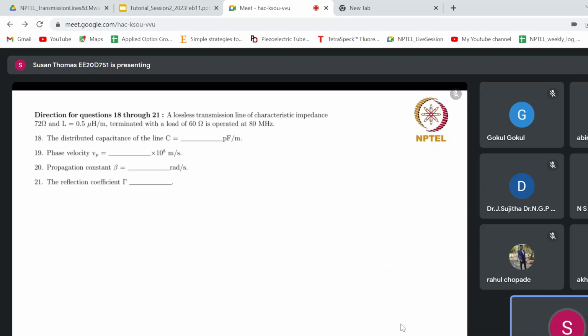Again, this is a simple question. All of you can try. Please do try. From the very basic equations, you can get the answers. Please try.